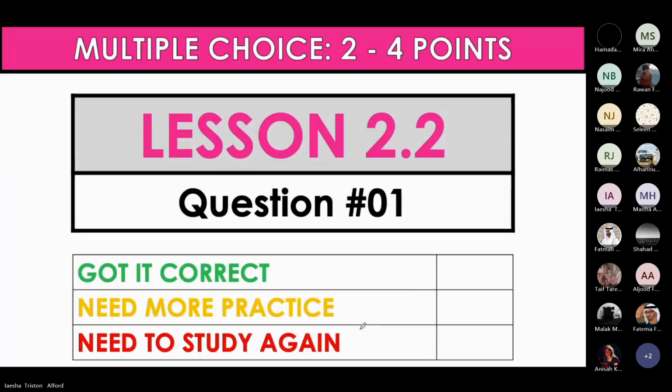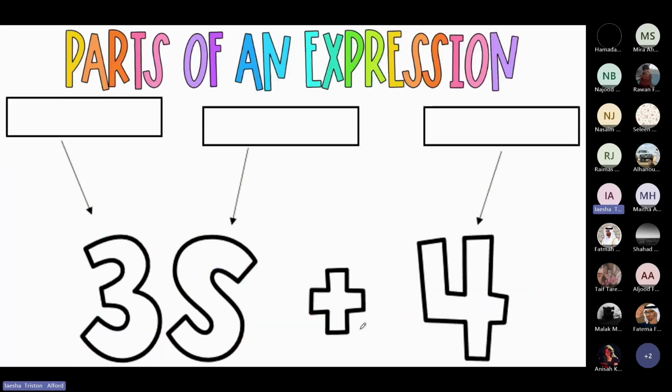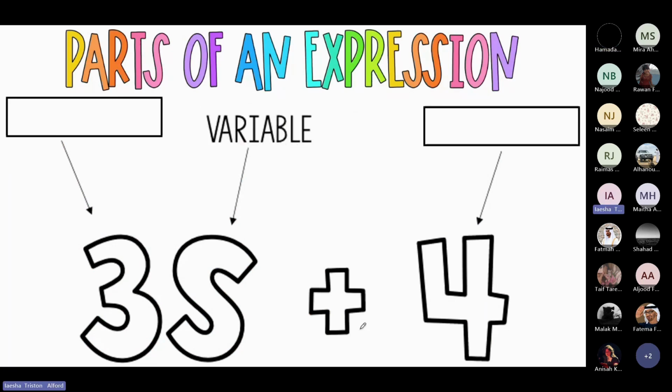All right. Now to lesson 2.2, you know, my favorite thing, equations. Oh, how I love equations, okay? So here, starting off, S has a name. What's the name? Variable. Good. Positive 4 has a name.